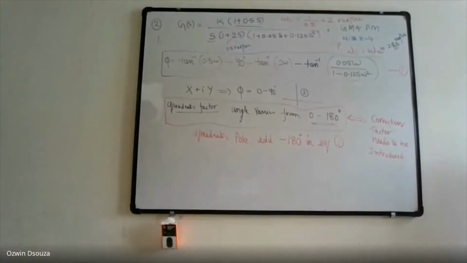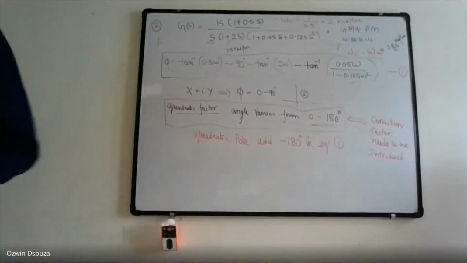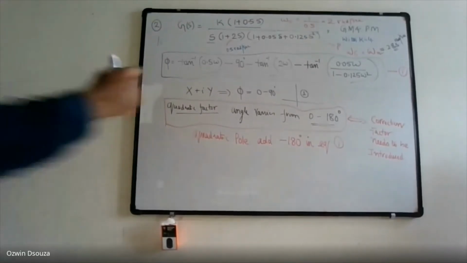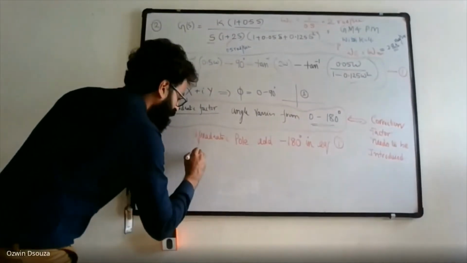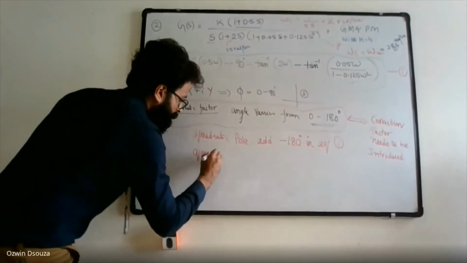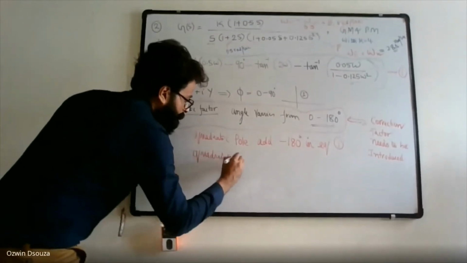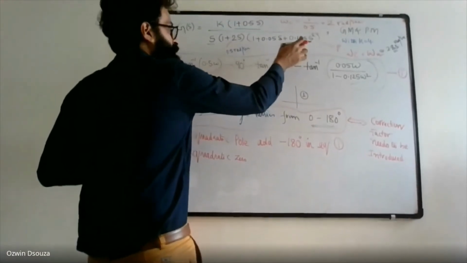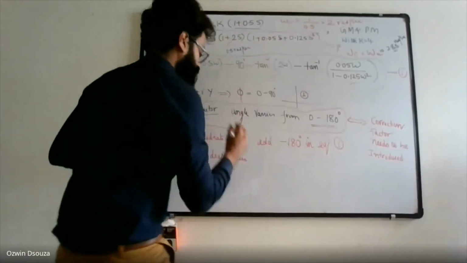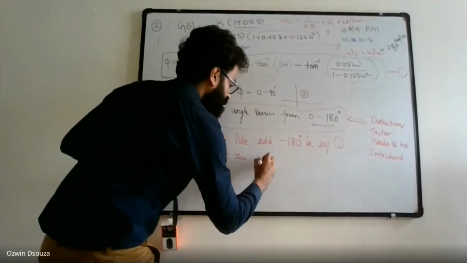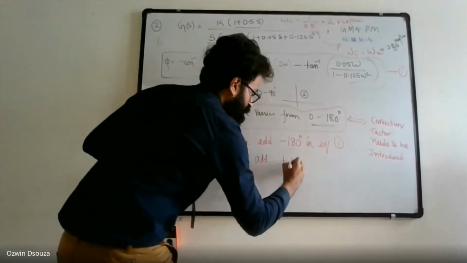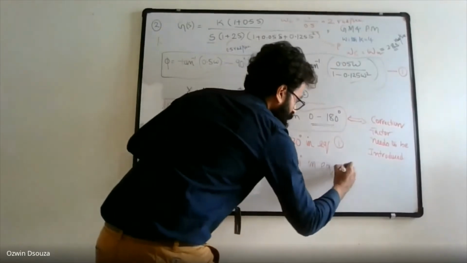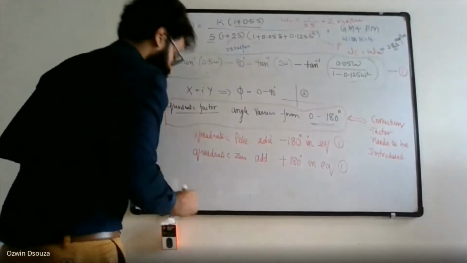For a quadratic pole, add minus 180, and for a quadratic zero, that is, if s square plus 2 zeta omega n s plus omega n square is present in the numerator, add plus 180 in equation 1.